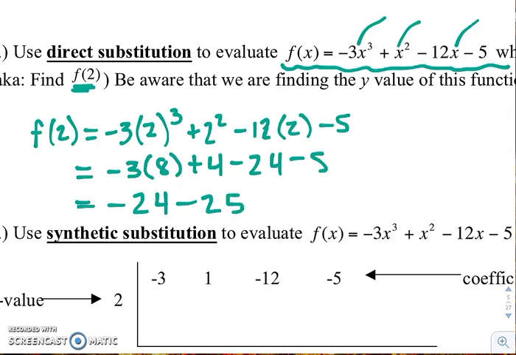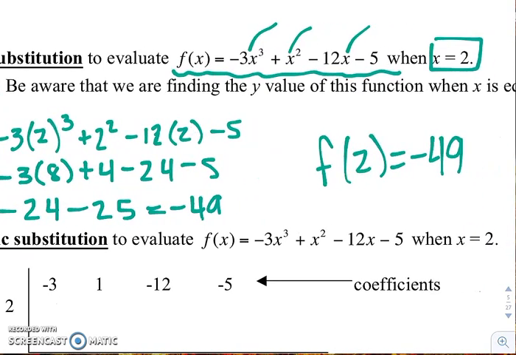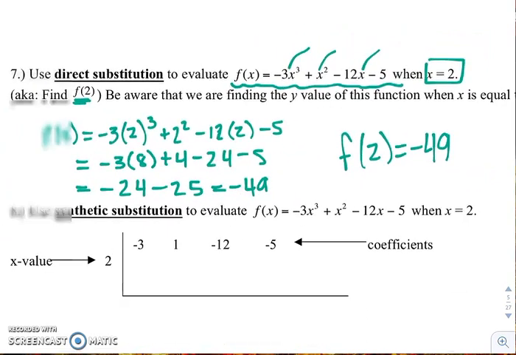So -24 and -25 gives us -49. So we can say that our function, when 2 is substituted in, so f of 2 equals -49. So that's the way you guys have always substituted values in the past.